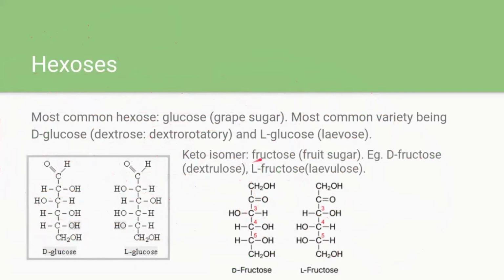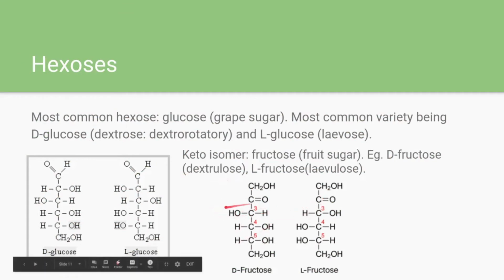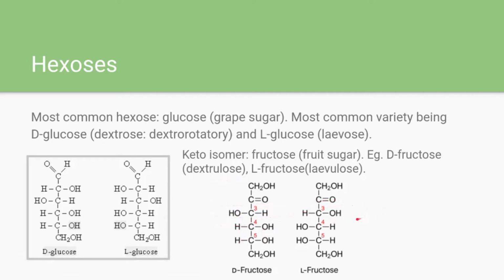So ketose would be fructose, especially in the fruits, and fruits, grape sugar, honey. Oh, grape sugar is glucose anyway. L-fructose, levulose. So this is their configuration. Again, on the third carbon, they have a small configuration difference.